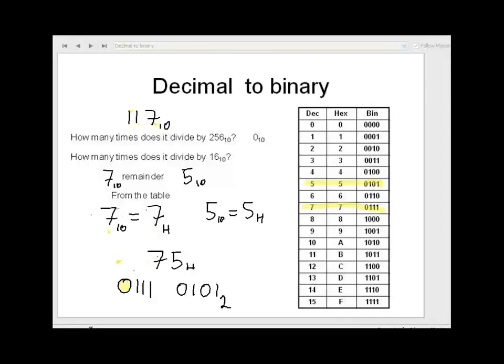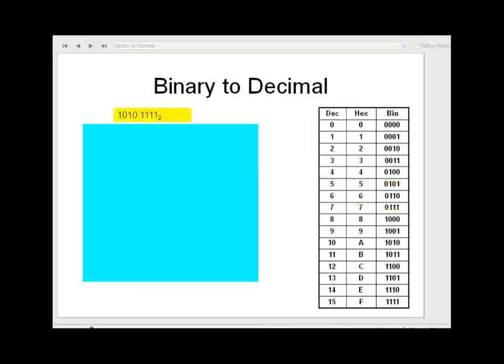I think I'll move on, because we're now going to do binary to decimal. This time, I've got a binary number, 10101111. To convert that to decimal, I chop it into nibbles. A nibble is 4 digits. So that bit is one nibble, and that bit is another nibble.